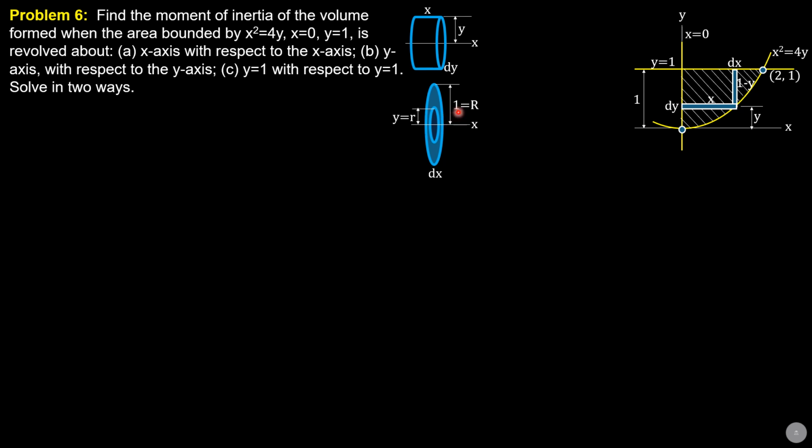use the shortcut formula for this washer here, which is pi over 2 integral of quantity R to the fourth minus small r to the fourth dx, which is dx in this case.